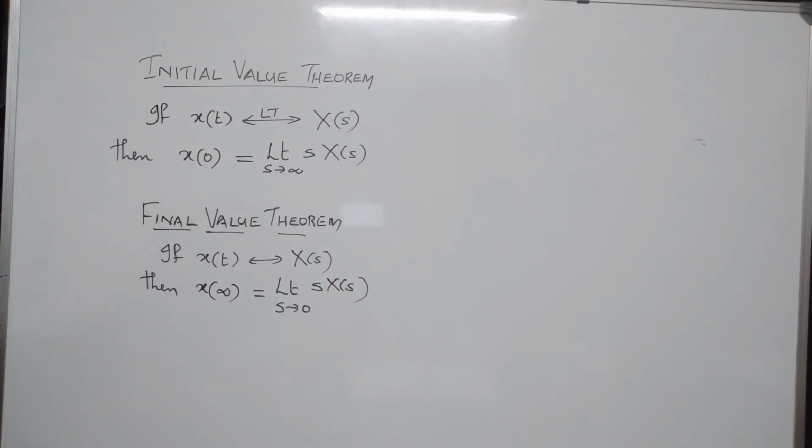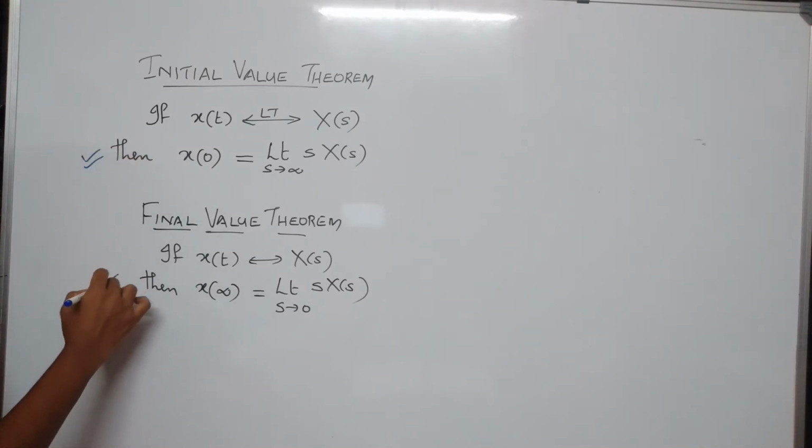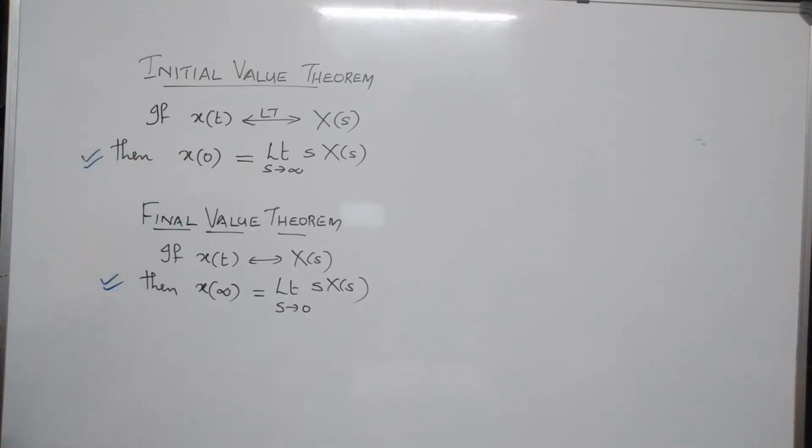Now these two theorems are important. You will be asked to verify the initial value theorem. That is, you will be given an x of t and then asked to verify the initial value theorem.